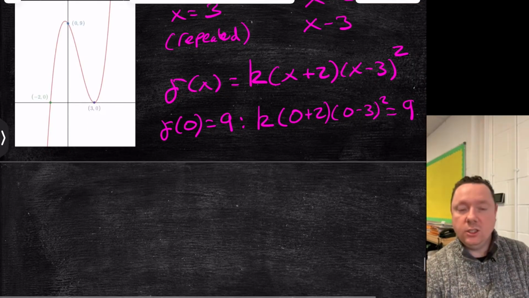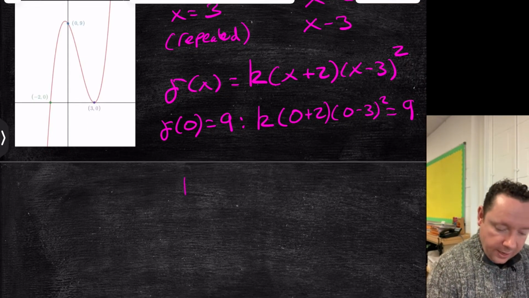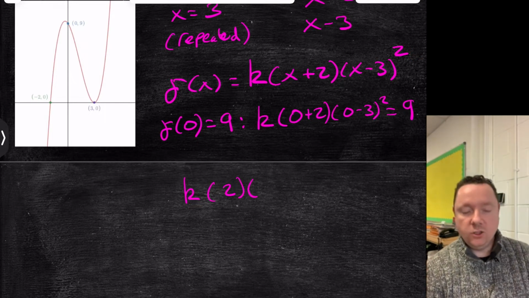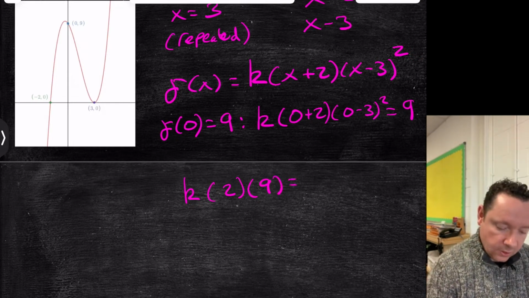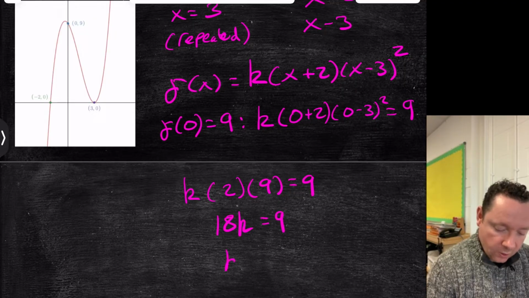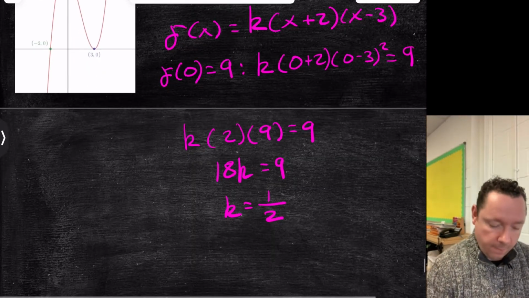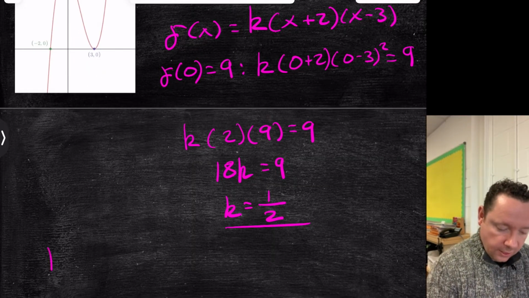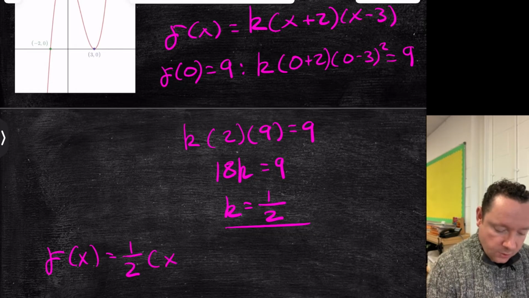Solve that equation. So that is k times 2 times, well, minus 3 squared is 9, and that equals 9. So 18k equals 9. Should be obvious then that k is equal to a half, 9 over 18. So now we just write our answer. F of x is equal to 1/2 of x plus 2, x minus 3 all squared.